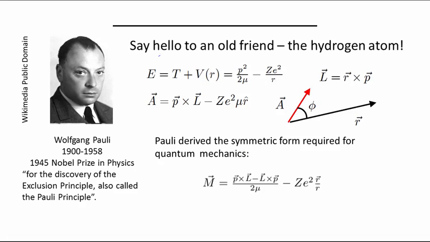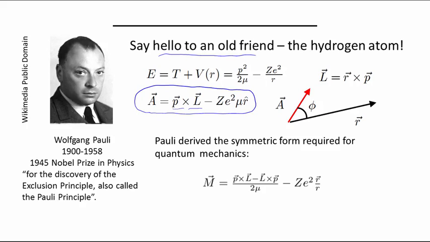So I hope you remember from lectures of the past week, we derived the constant of motion for the hydrogen atom, unusual type, the Runge-Lenz vector, which is really the cross product of the momentum and the angular momentum and the radial vector.